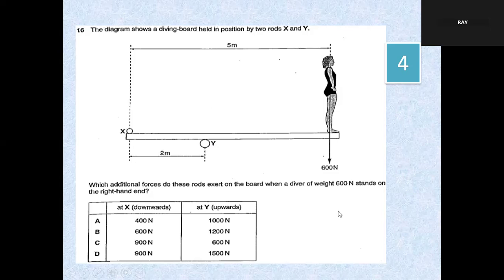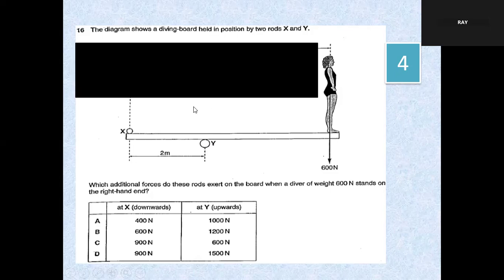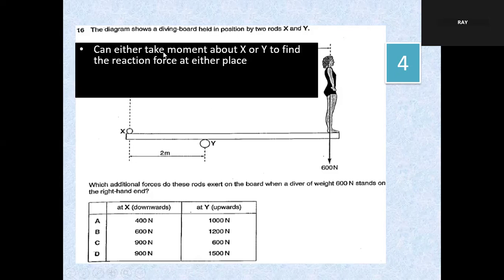So how to solve? They are very kind to you already. They don't ask you to choose; they give you the answer, up or down, already. Now you have to find the value. Take moments about X or Y to find the reaction force at either place.